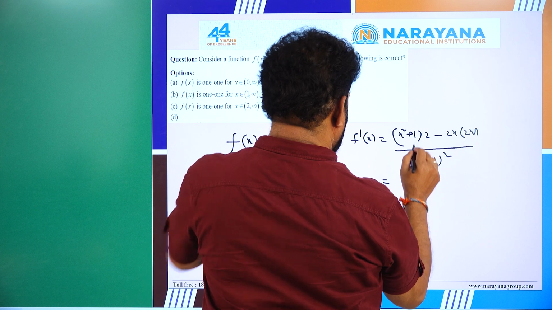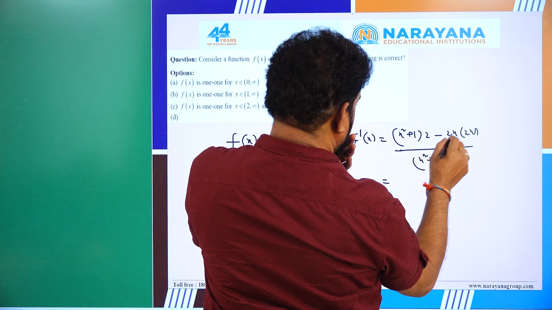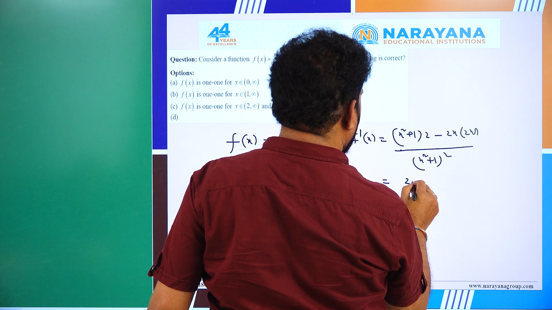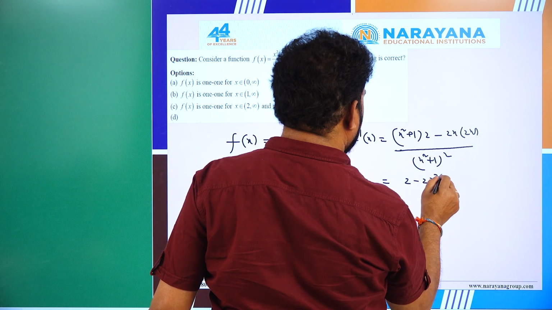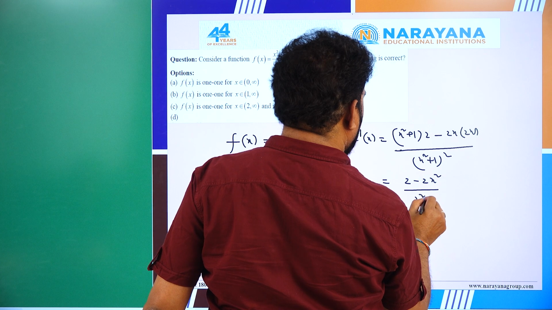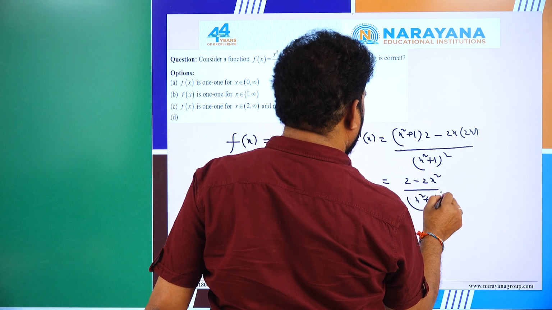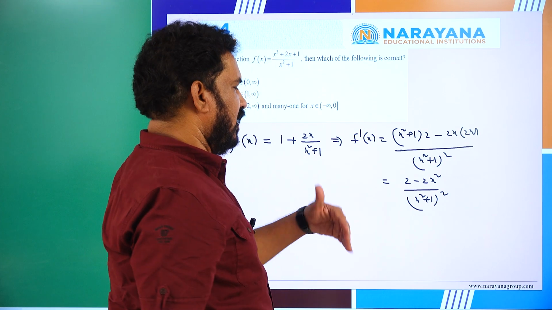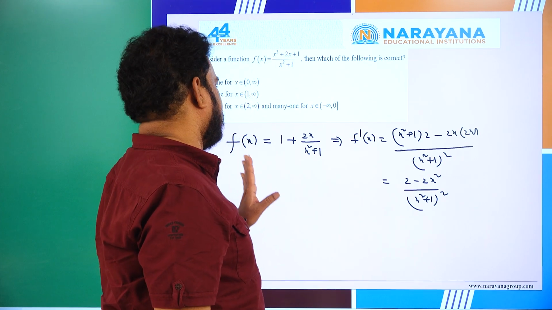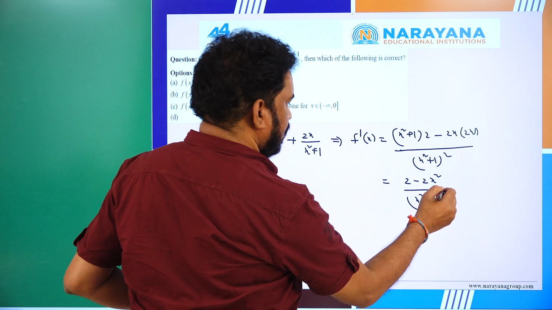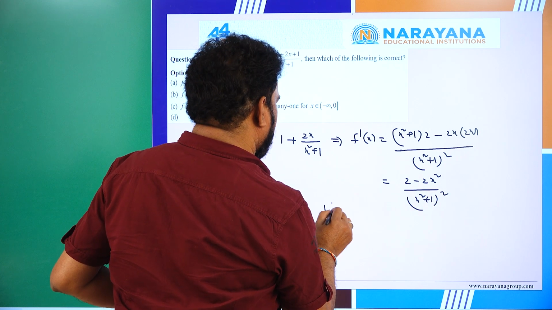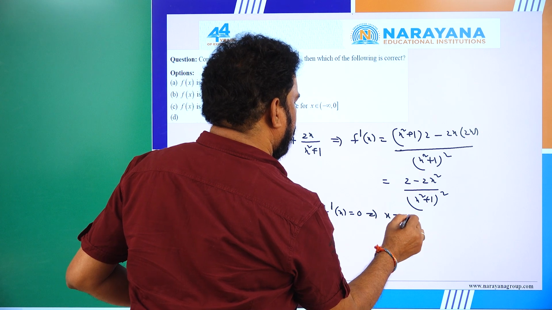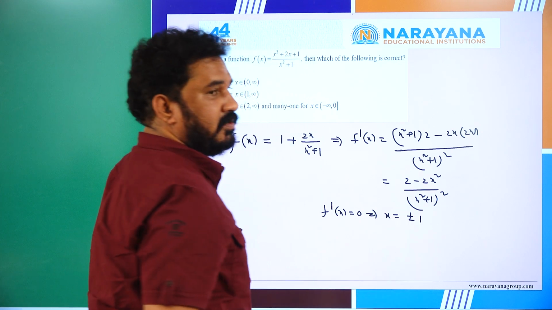So, this is 2x square minus 4x square. So, it is 2 minus 2x square by x square plus 1 whole square. Right now we cannot tell whether it is strictly increasing or decreasing. So, f dash x equals 0. This implies x equals plus or minus 1.